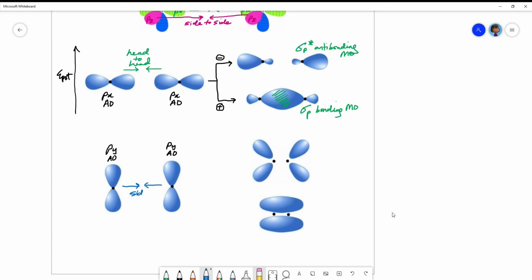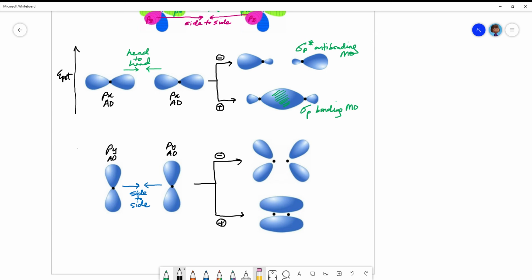So, side to side approach. Once again, we're going to end up with two new orbitals from constructive and destructive combinations. Here are the two new molecular orbitals. Constructive gives the low energy molecular orbital, and destructive produces the higher energy antibonding molecular orbital.